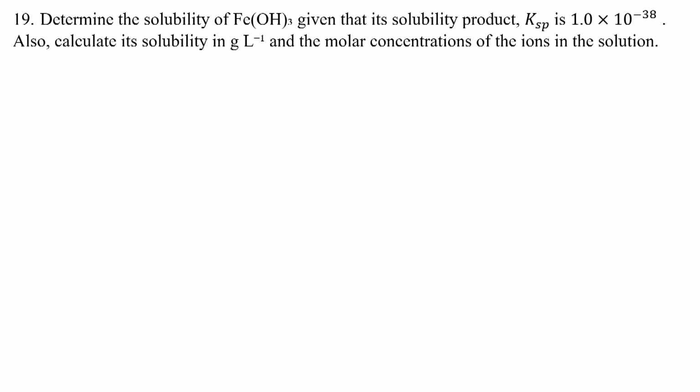So next we discuss determining the solubility of Fe(OH)3, given that its solubility product Ksp is 1 times 10 to the minus 38. Also calculate the solubility in grams per liter and the molar concentrations of the ions in the solution.